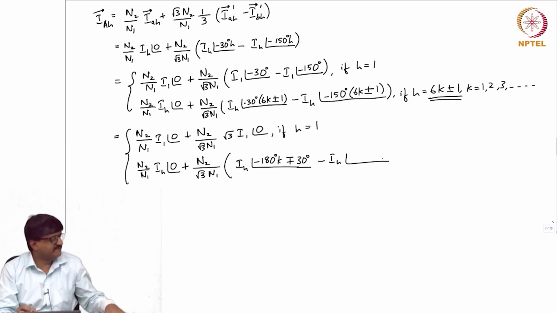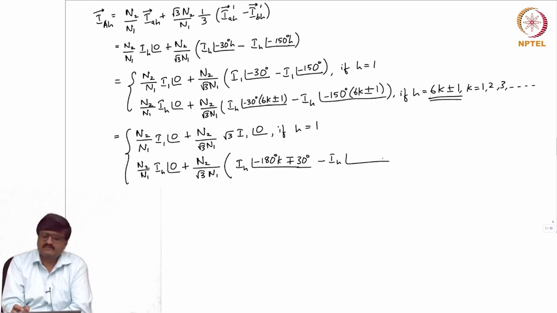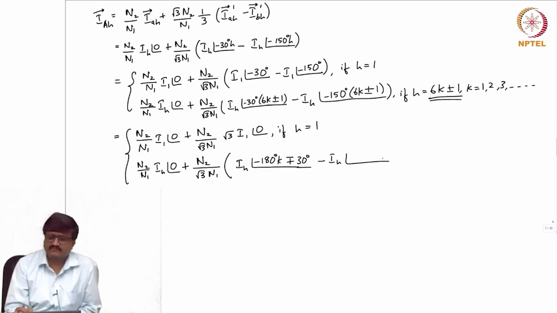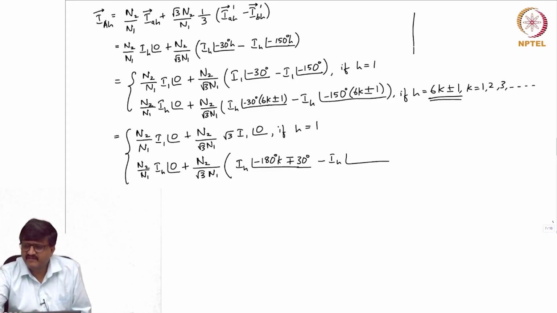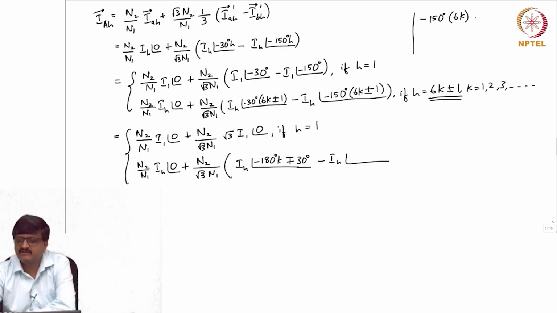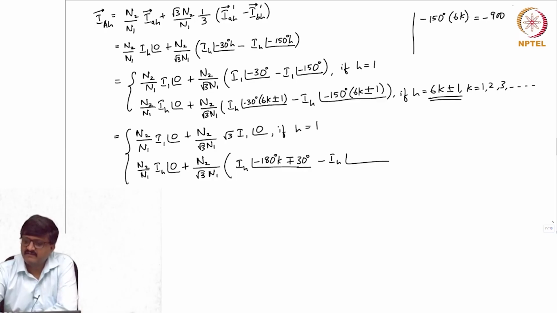So, what do you say? 150 into 6 is of course 900, so 900k. Any simplification possible? Suppose I take minus 150 degree into 6k. So, this is minus 900 degrees into k.